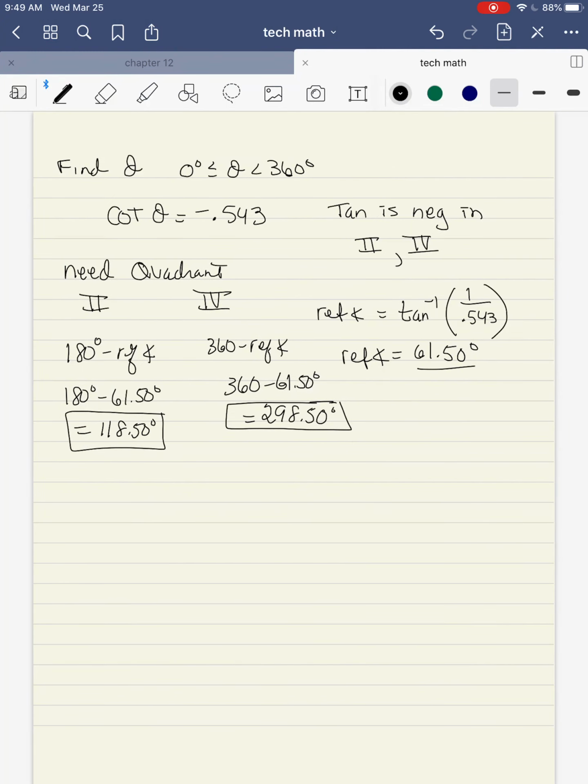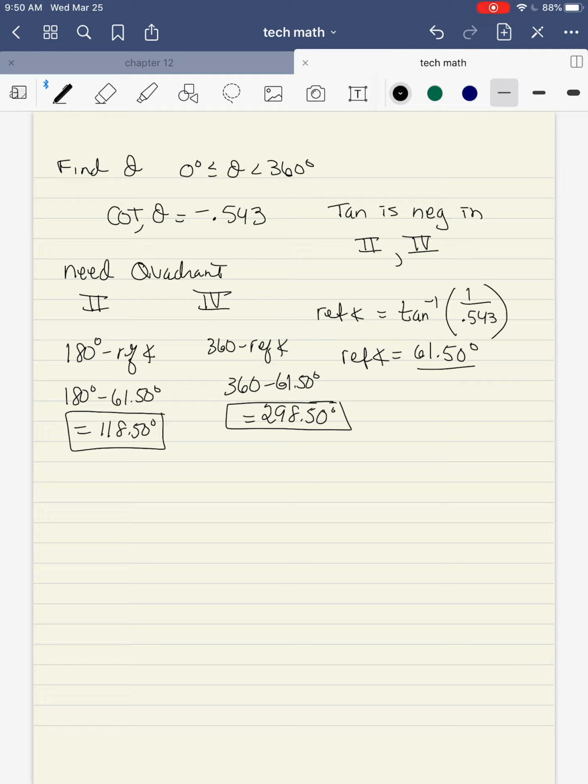So tangent is negative in quadrants 2 and 4. The first thing I want to do is get the reference angle. Again, it's inverse tangent. If you want to review your calculator keystrokes, we don't have a cotangent button on the calculator. So I have to do 1 over 0.543, and again, I'm making it positive so that I get the quadrant 1 angle out when I do the calculation.